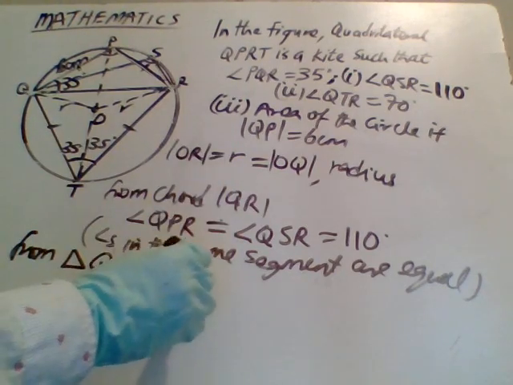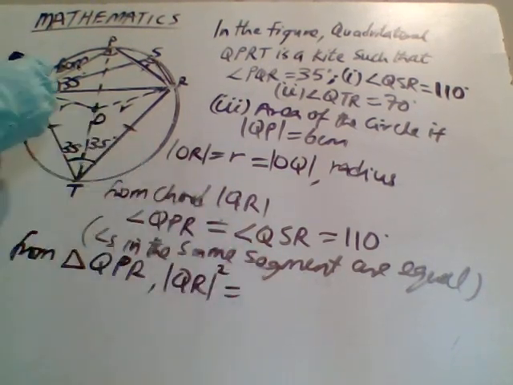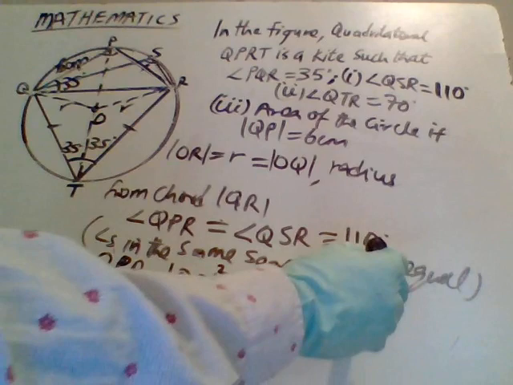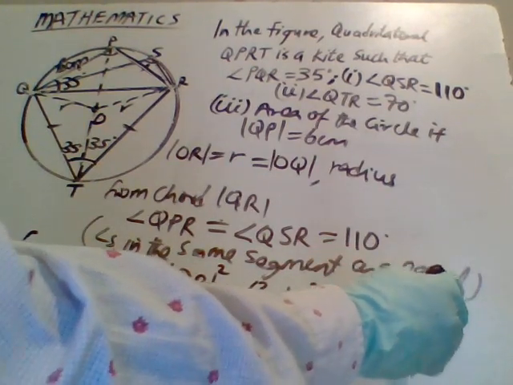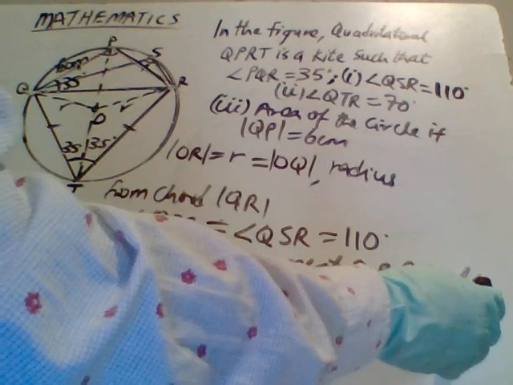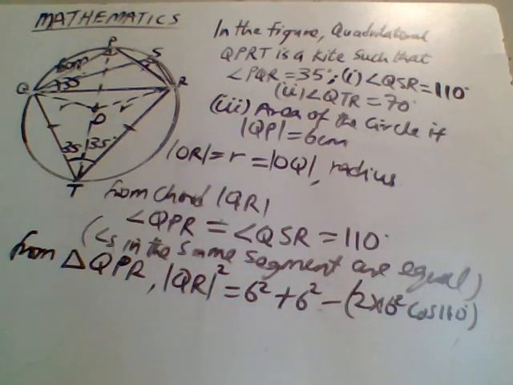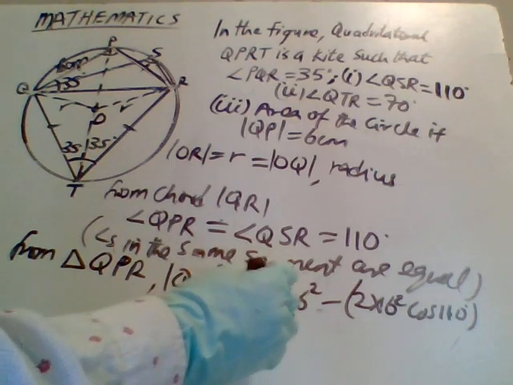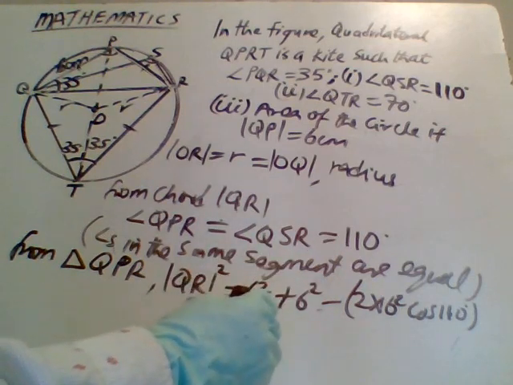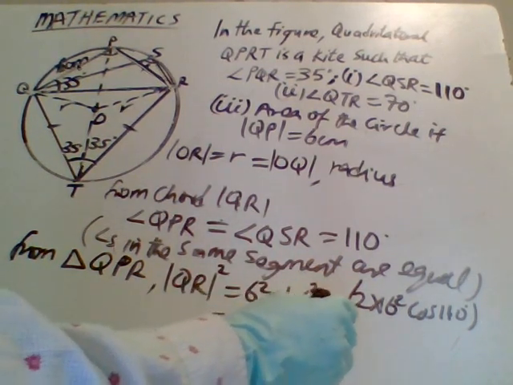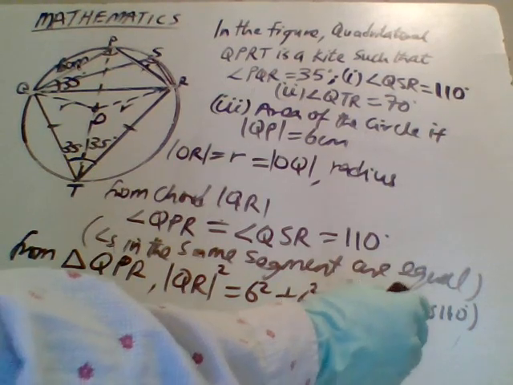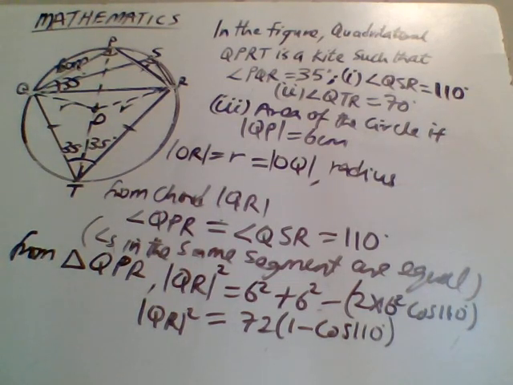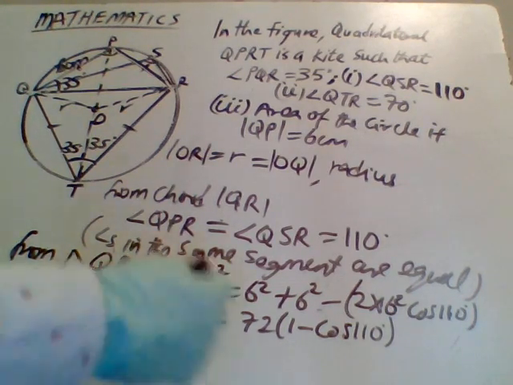So by cosine rule, QR squared is equals to 6 squared plus 6 squared minus, in bracket, 2 times 6 squared cos 110. So simplifying it, there's 2 sixes here, there's 2 sixes here, squared, so you have 72 in bracket 1 minus cos 110, and that gives us QR squared. So find this value.